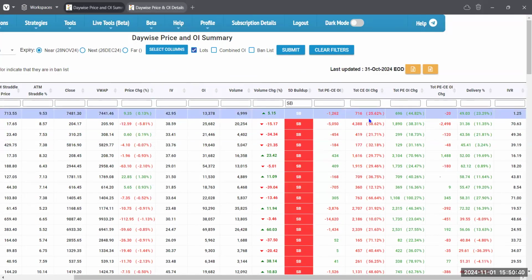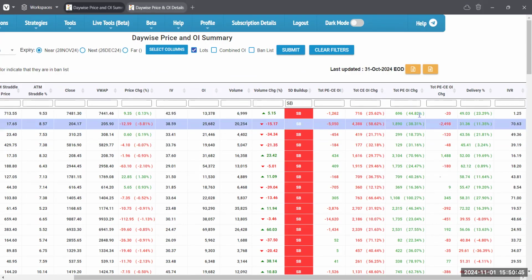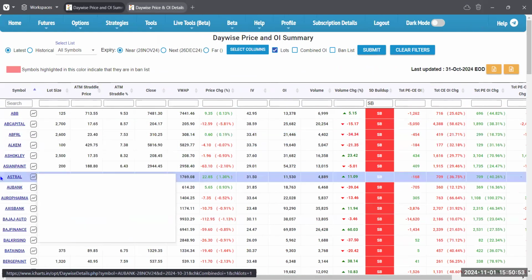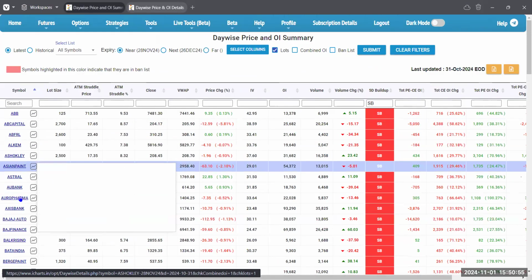Yeah, so these three, you can even scan based on total CEOI change, total PEOI change, and the difference, basically. So based on these, you can probably shortlist over here.